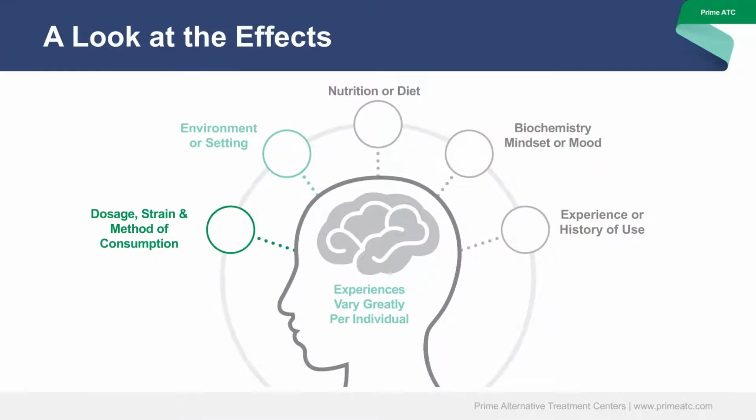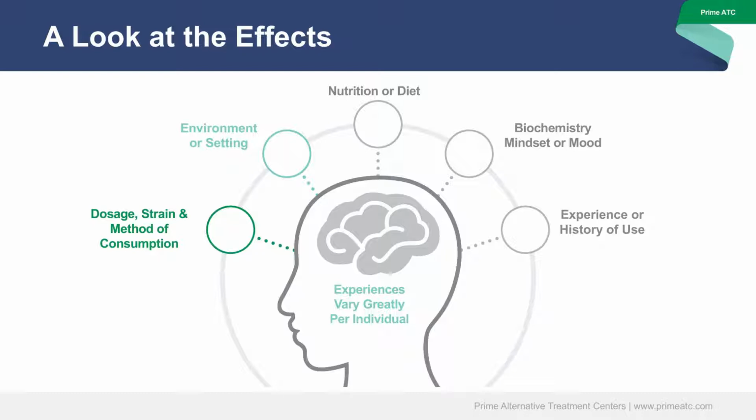Effects of cannabinoids. Different people have different experiences. One individual may feel stress relief. One may feel overstimulated, and one may be relaxed. Another can feel energized and on task and focused. There are many factors that impact these effects.